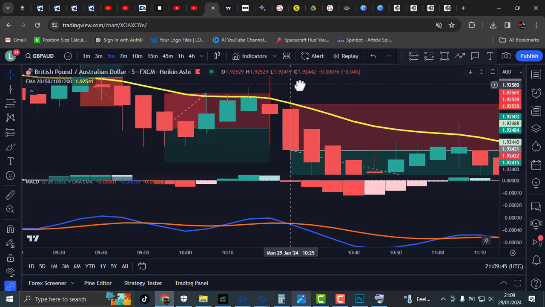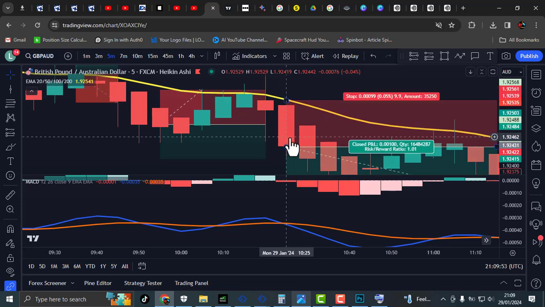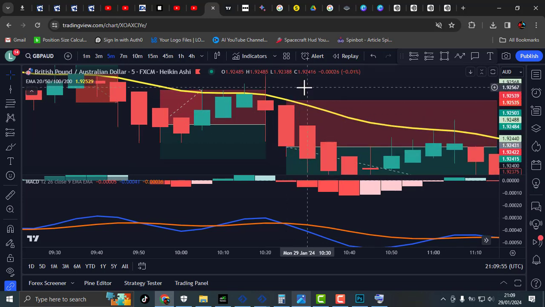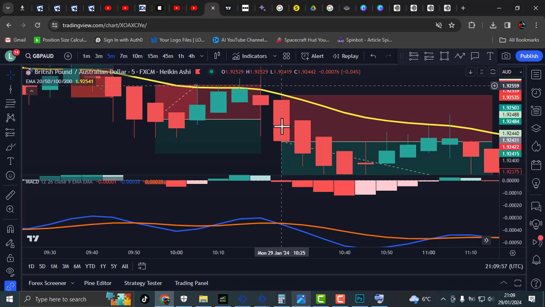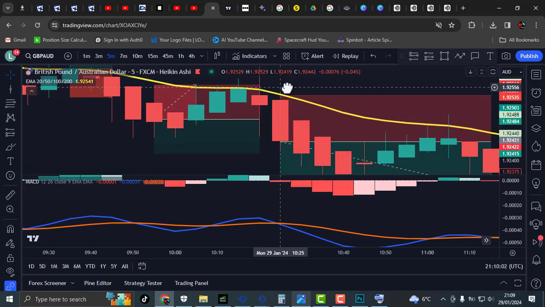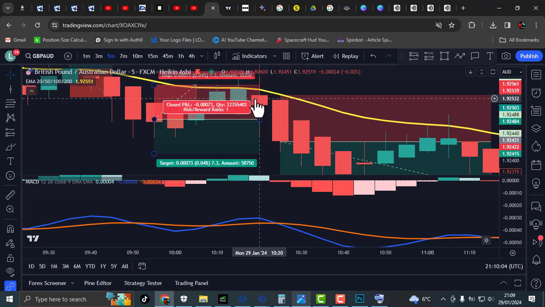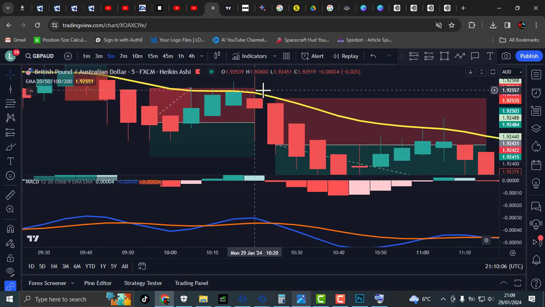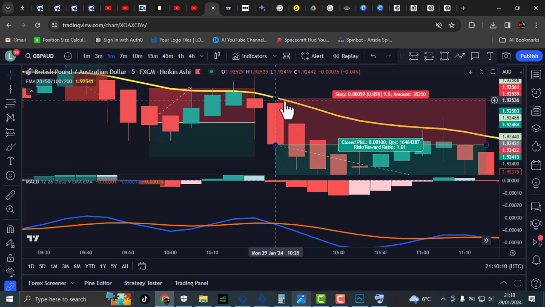So that's one confluence for us. Sellers are still in power. And then look at the size of this bearish candle, guys. That on its own is so strong for us to get in for a sell. Then again, that's one confluence, long leg doji candle, plus price closes below the moving average with this big, chunky candle.